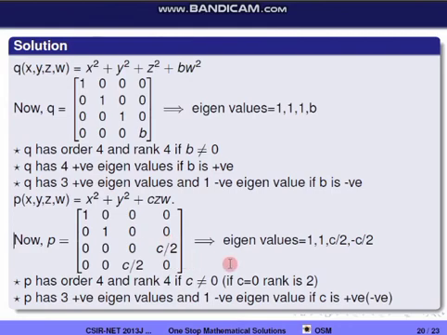So therefore the eigenvalues of the whole matrix are 1, 1, c by 2, minus c by 2. So this is a 4 by 4 matrix. Therefore P has order 4 and rank is 4 if c is non-zero, and if c is 0, note that the rank becomes 2. And P has 3 positive eigenvalues and 1 negative eigenvalue if c is positive or c is negative. So now we'll move on to check the correct options.